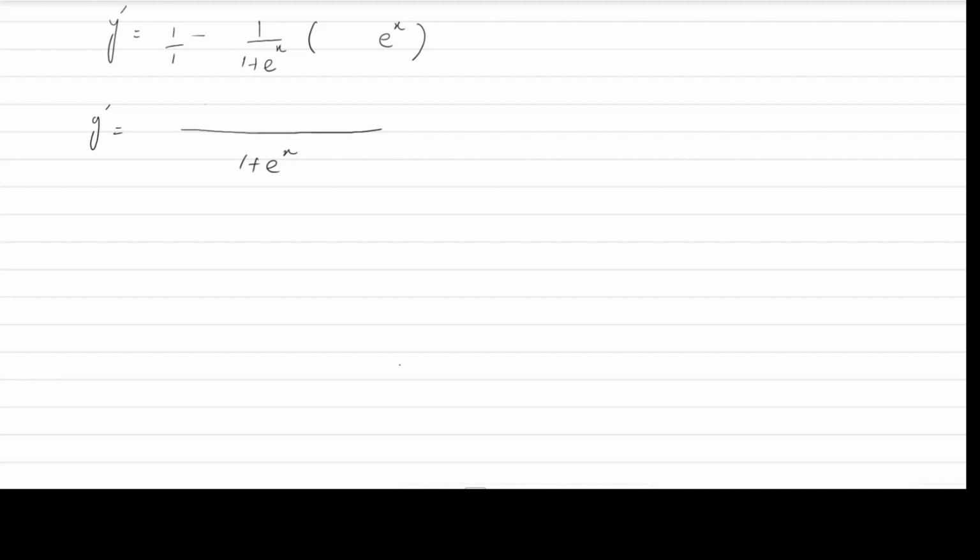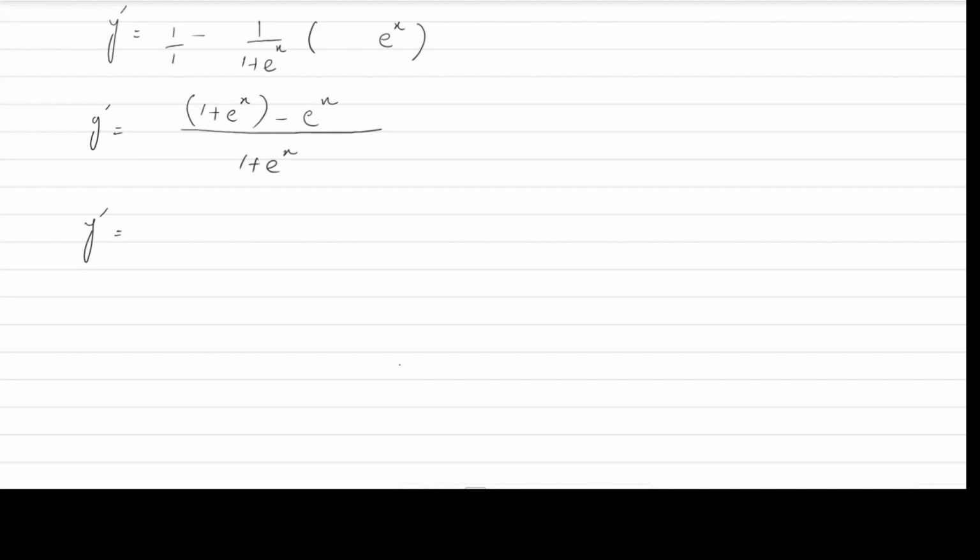So 1 into e of x is equal to 1 plus e of x minus 1 ones are 1 e of x, e raised to the power x, not 1 plus e raised to the power x minus e raised to the power x.